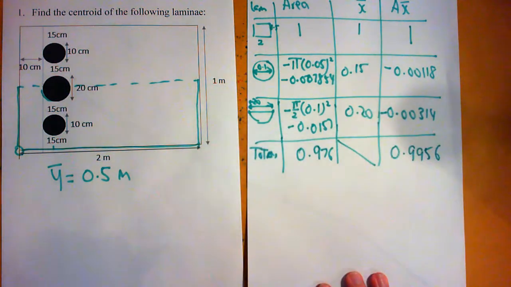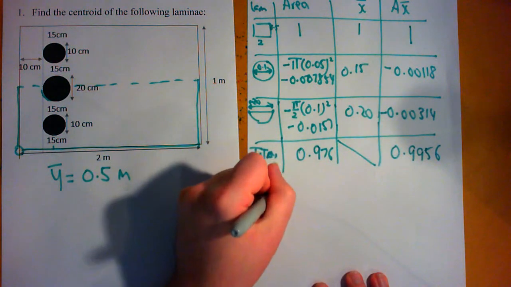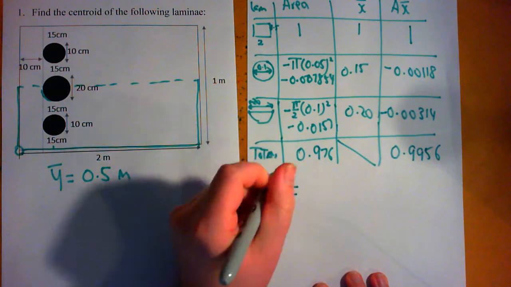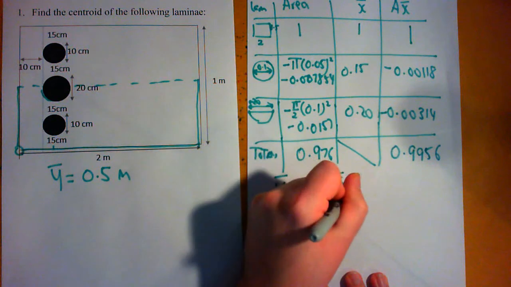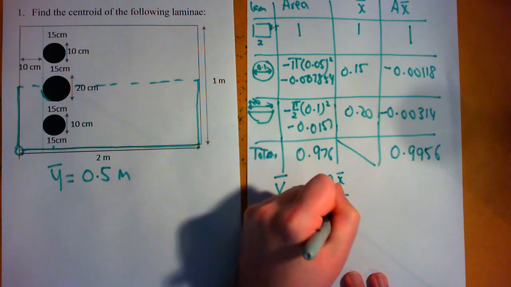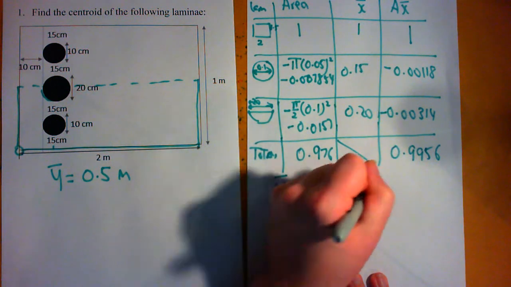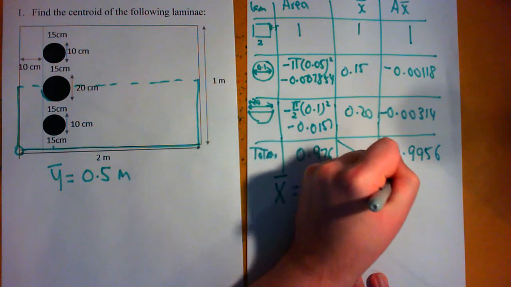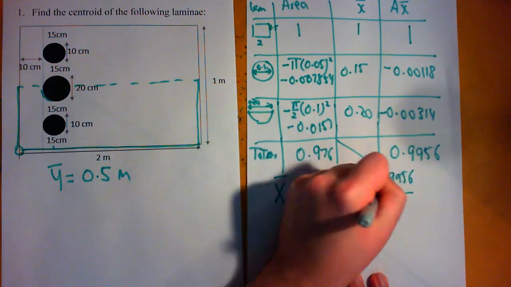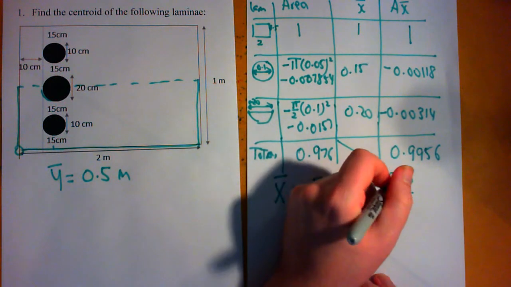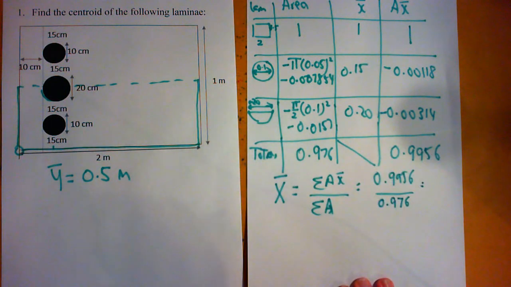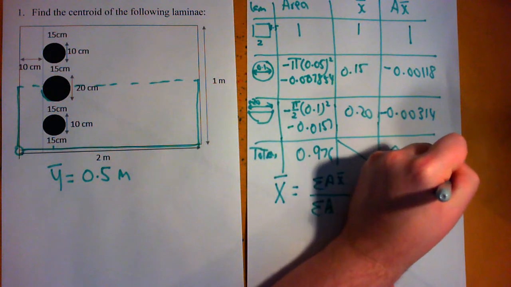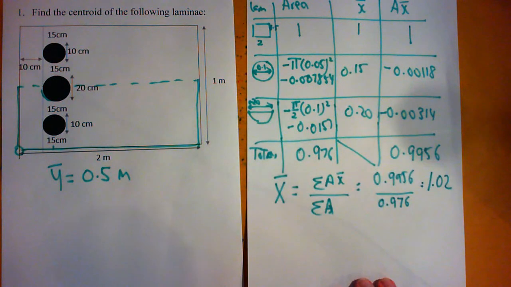0.9956. Okay, so we need to find our x bar, the centre of the whole shape, which is going to be the sum of the A x bar column divided by the sum of the area column, which is 0.9956 divided by 0.975976, and calculating that gives us an answer of 1.02 metres.